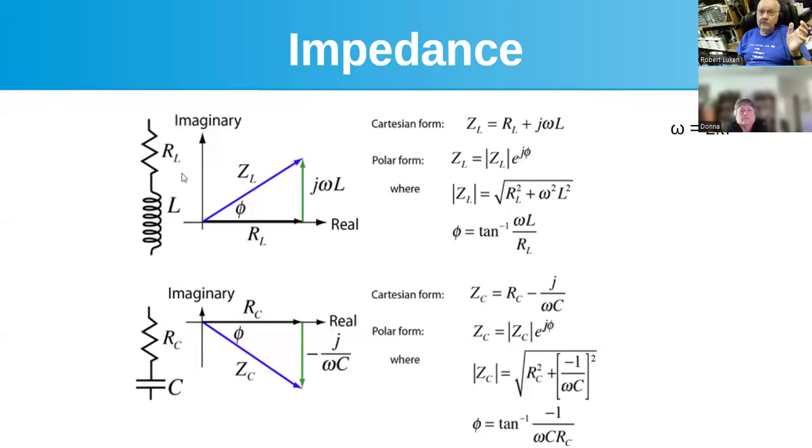So that's where the J comes in. This is our J axis, and this is our real axis. So we're plotting real versus imaginary. It's imaginary because, like I said before, it doesn't do any work. There's no power. You can have energy stored, but there's no energy dissipated or converted.